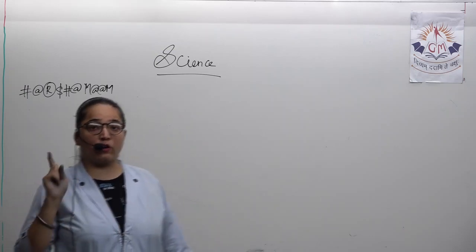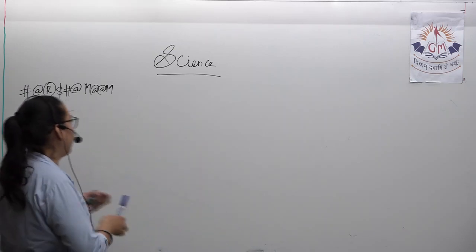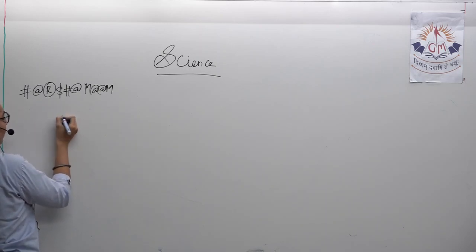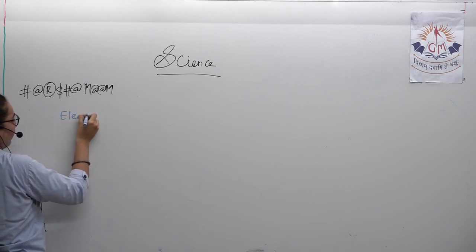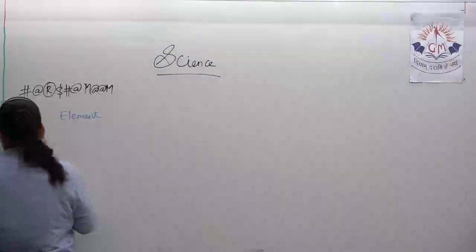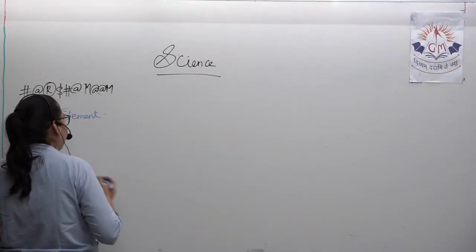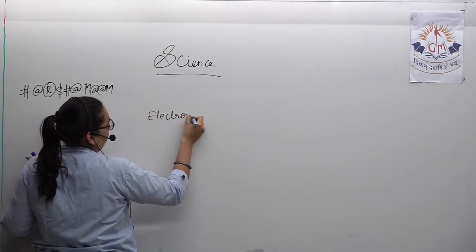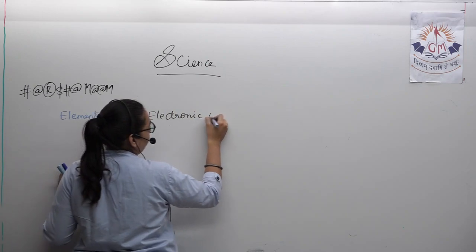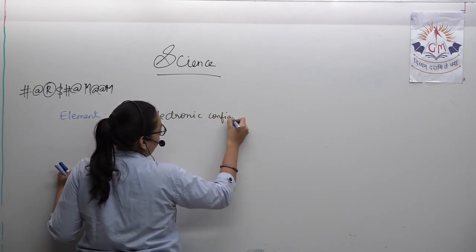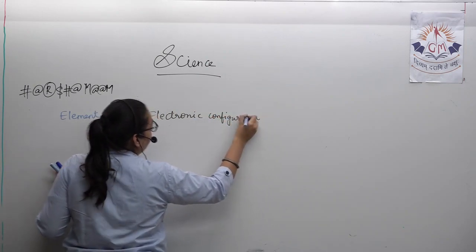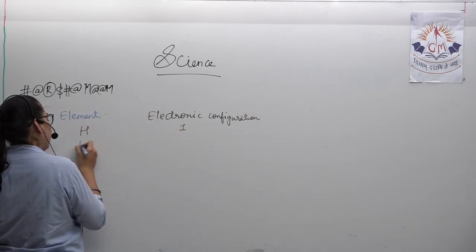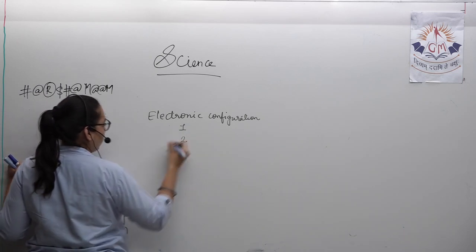Okay, so now I'm going to write all the electronic configurations together. Hydrogen, the element and its electronic configuration. Hydrogen, only 1. Helium, 2.